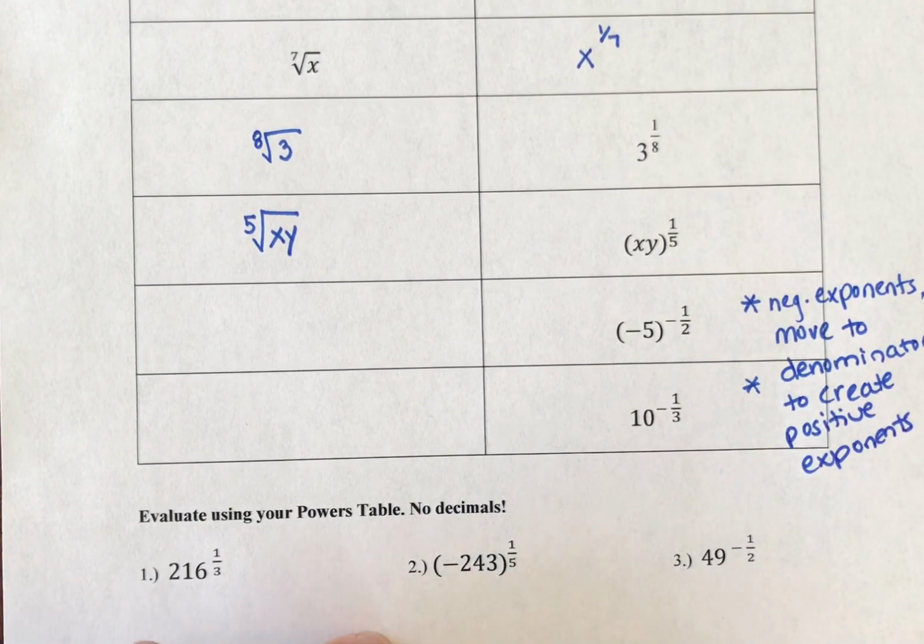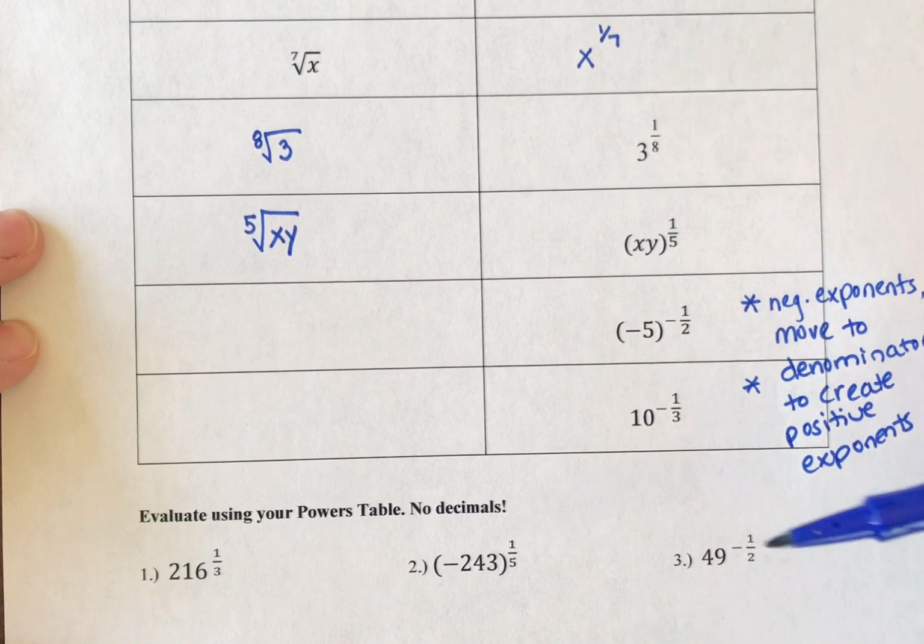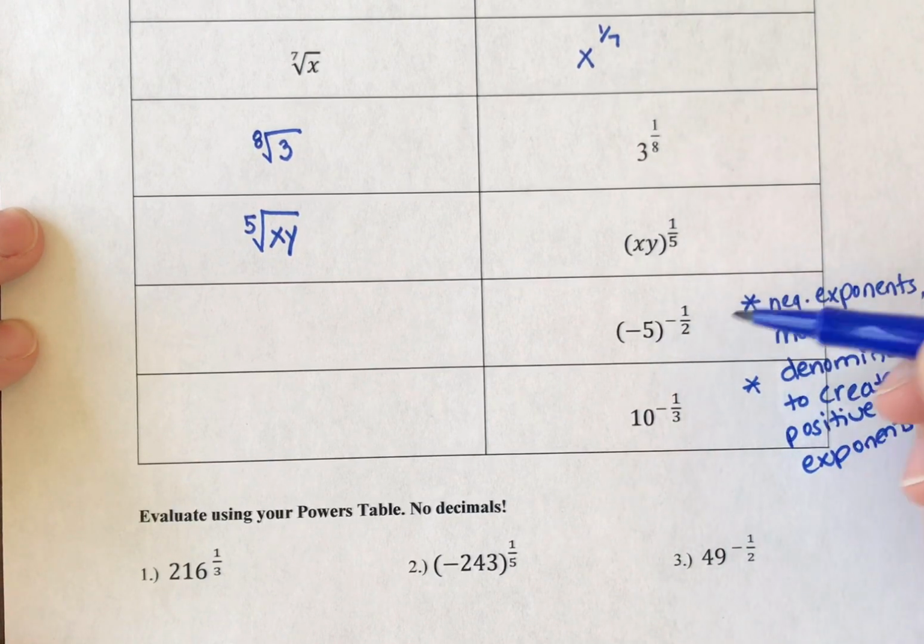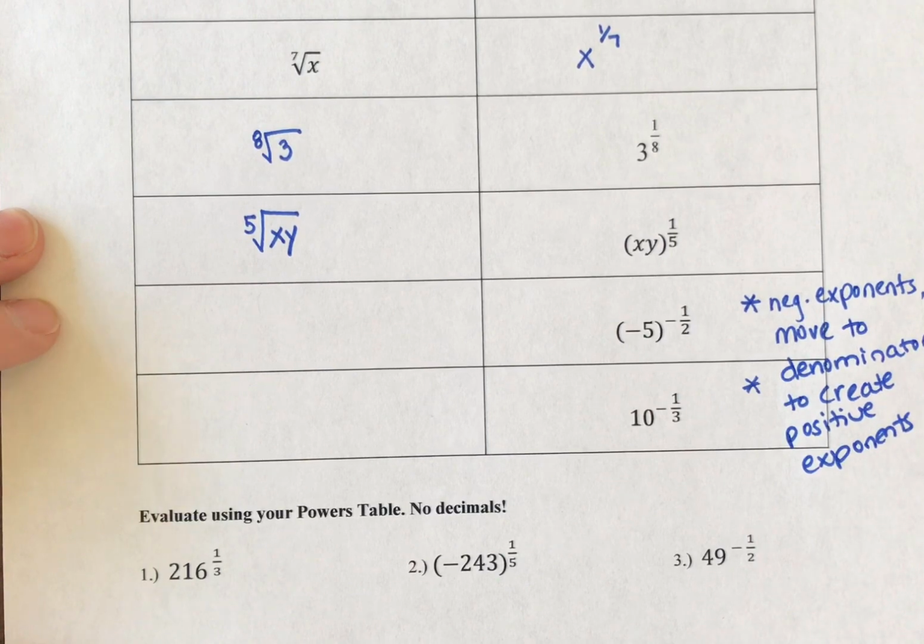If you remember our rules from exponents, we do not like negative exponents. So what I want to do is take these terms, move them to the denominator of a fraction so that the exponent becomes positive, and then rewrite it in radical notation.